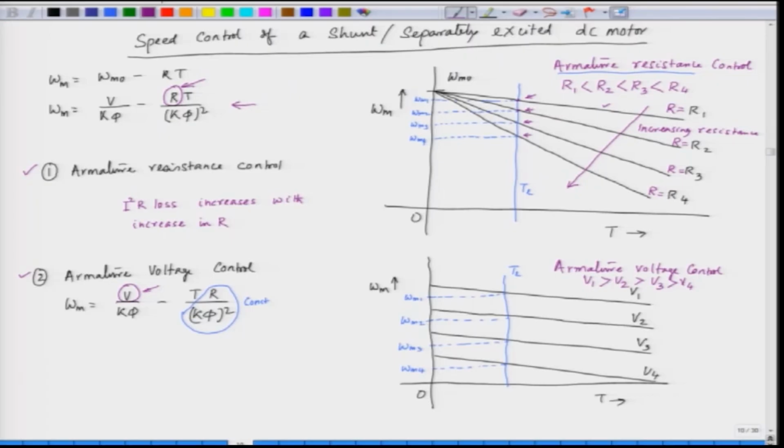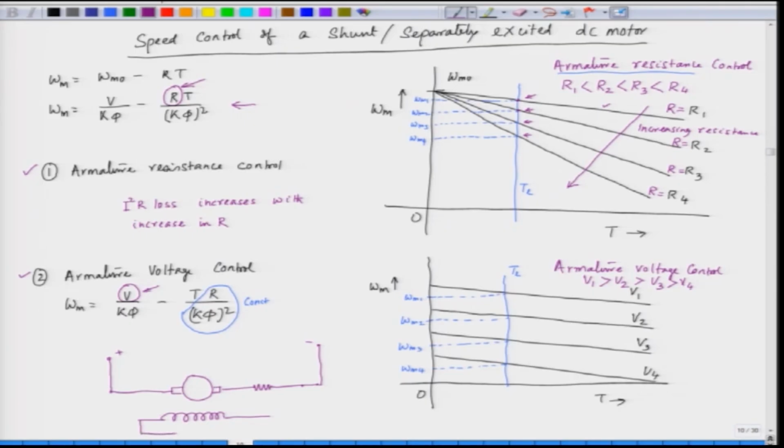The applied voltage when we change, if you remember, this was the motor, and we have the field here, and we apply the voltage V here. But in this case, this is a separately excited motor, we excite the field separately.